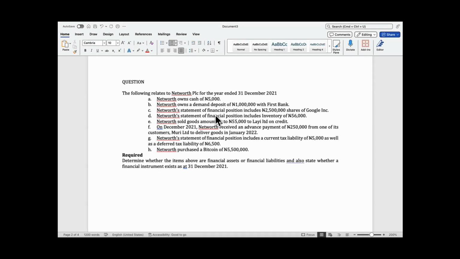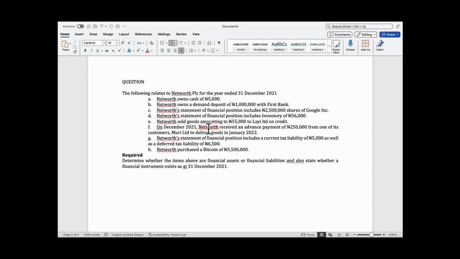No problem, you have both tried, but you are still missing the key points. You said Networth has a financial liability because it has an obligation to deliver goods. But remember, I told you that a financial liability is an obligation to deliver cash, not goods. When you have an obligation to deliver goods, that is not a financial liability.